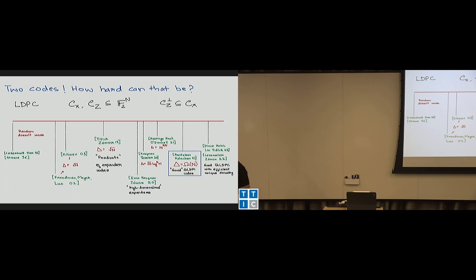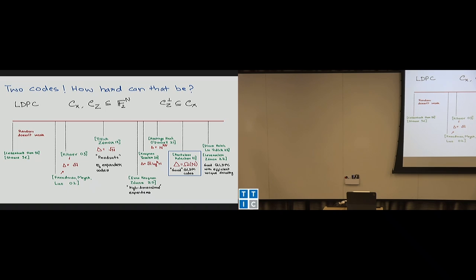So I don't know the exact order of these, but there are codes known which can achieve distance about square root n, where n is the block length, or the ambient space for each of these codes. Square root n is where things stood for a long time, and it's nice to see an explanation for it in this Tillich and Zémor paper. There's a nice way to see where the square root n comes from.